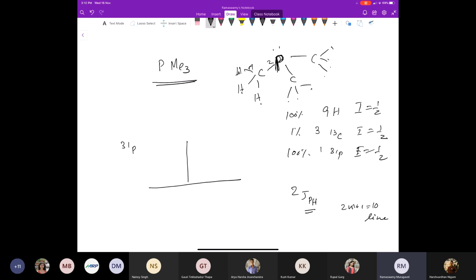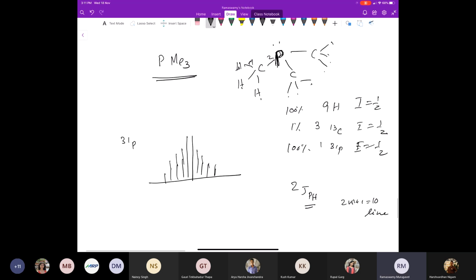So this spectrum will become a 10 line spectrum. This is not as per Pascal's triangle. I probably should draw it a little bit better. Okay, there is a 10 line spectrum.